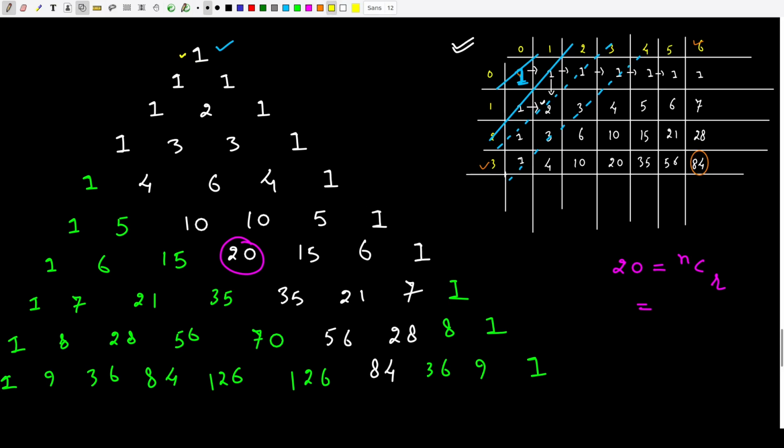So this is my row number 0, 1, 2, 3, 4, 5, and 6. So this is my sixth row. And which column? Well, the column number is 0, 1, 2, and 3. So if we solve this, 6 factorial divided by 3 factorial divided by 3 factorial, we will get 20. And that is how each element of Pascal triangle can be computed using nCr.